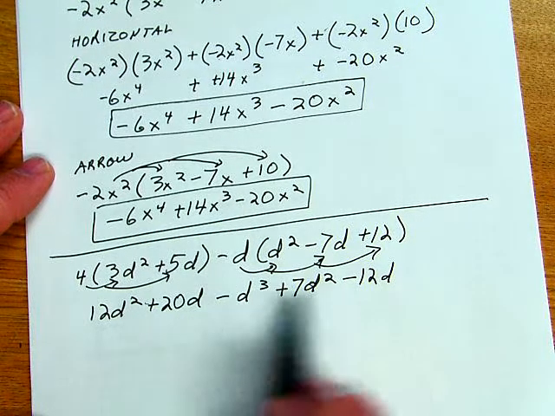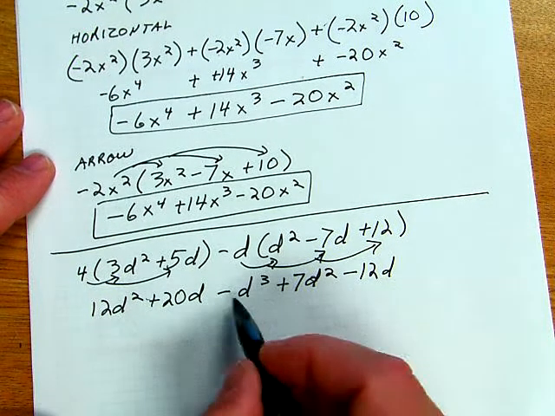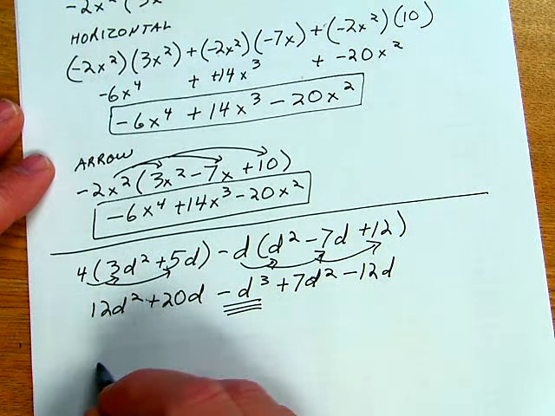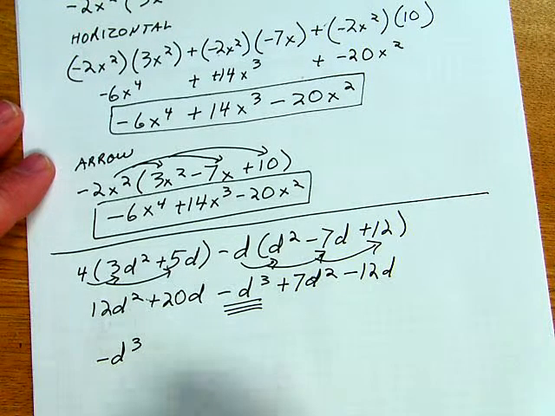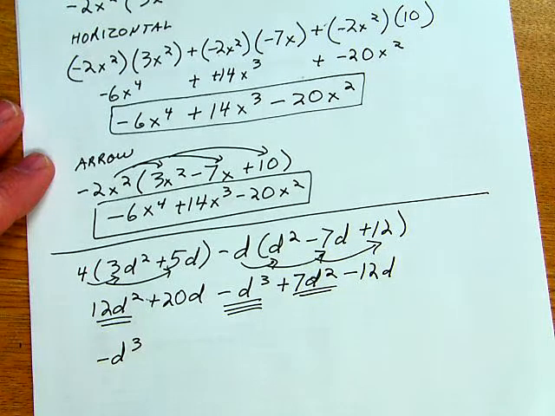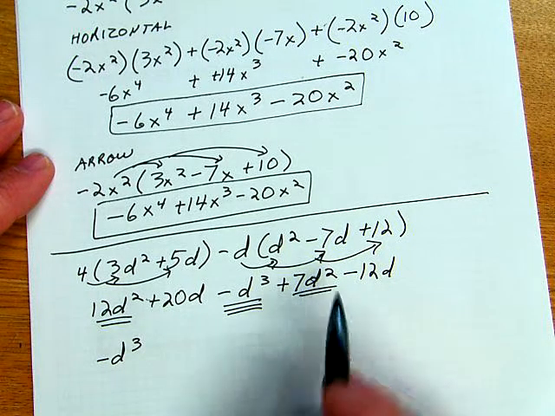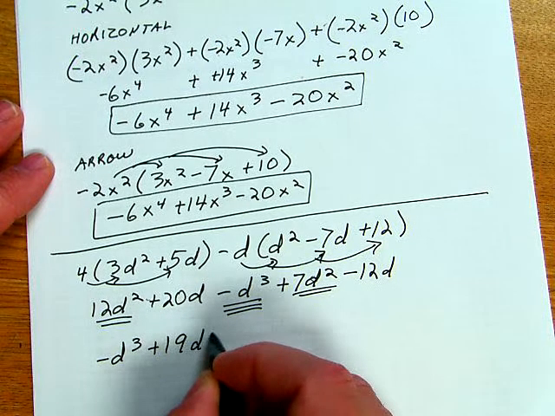But now I look at this and I see that I have some terms that need to be combined. First of all, my largest term is d to the third, so I'm going to write that first: negative d to the third. Now, what are all my squared terms? There's a d squared and there's a d squared. So 12d squared plus 7d squared gives me 19d squared.